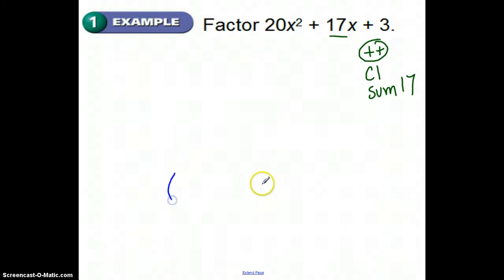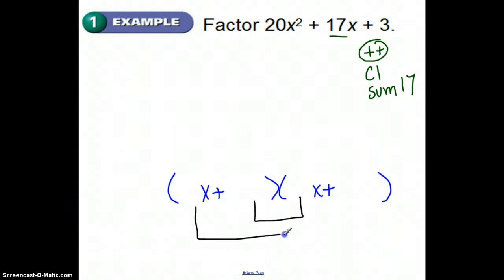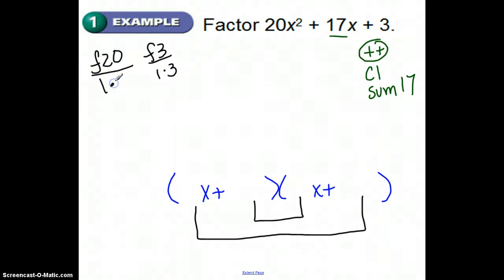And if it's a case 1, then down here, do our brackets, and I'm going to factor 20 and factor 3. So the 3 is the easiest. 20 has a couple more factors.